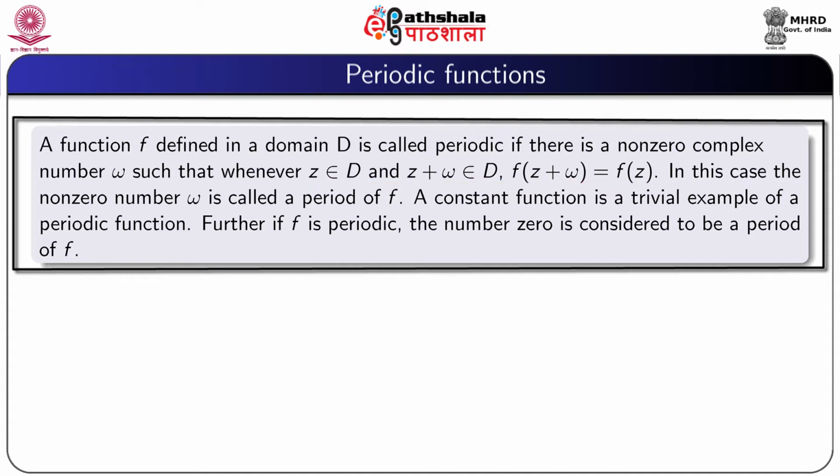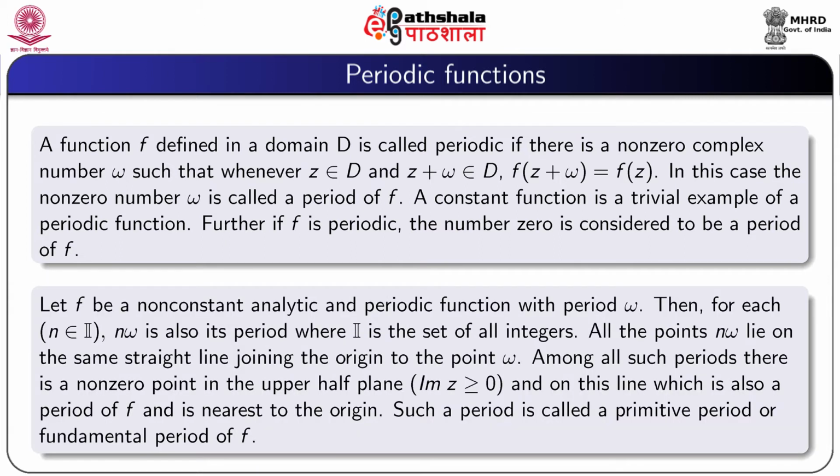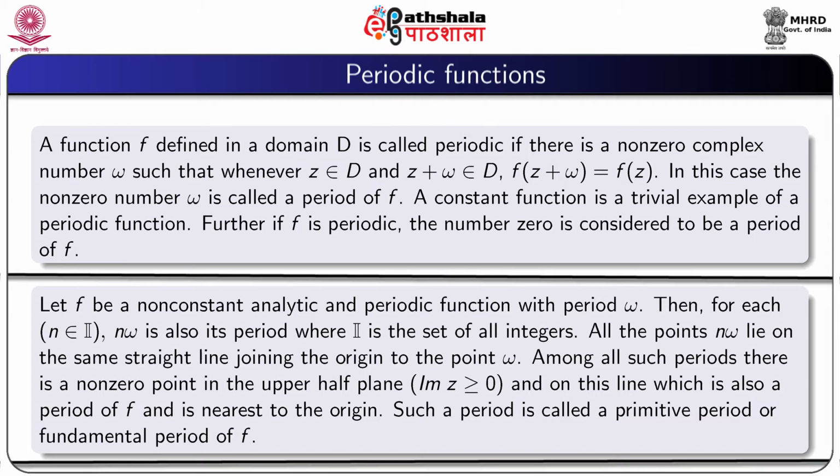In this case, the non-zero number omega is called a period of f. A constant function is a trivial example of a periodic function. Further, if f is periodic, the number 0 is considered to be a period of f. Let f be a non-constant analytic and periodic function with period omega.